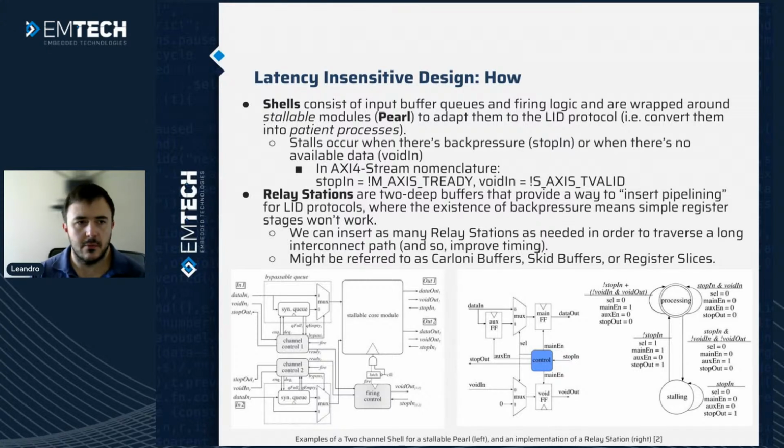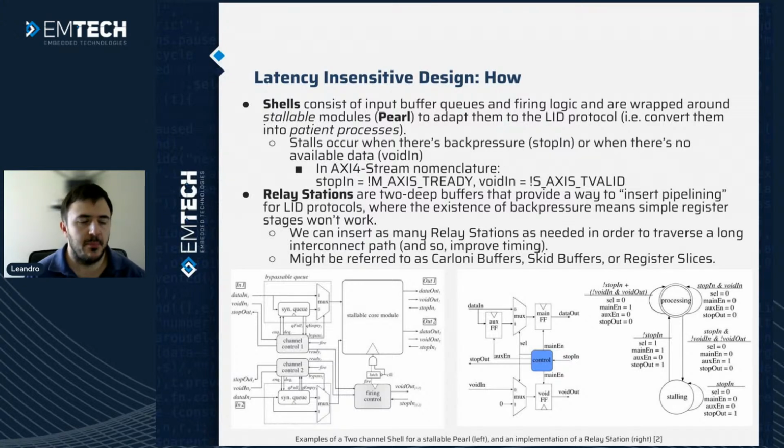There's some naming there. Your core module has to be stallable, which pretty much means that it should work with a clock enable. You should be able to just stop it and no data is lost and no state is lost as well.